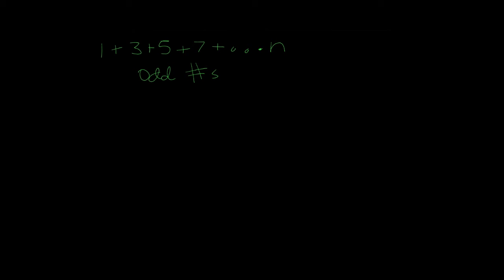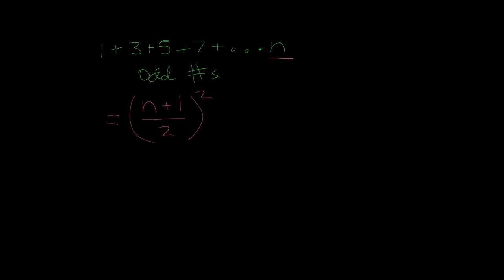And then we can use another trick to find the sum. Specifically, to find the sum of this kind of series, what we need to do is first figure out what the n value is. And once we've identified n, what we need to do is add 1 to n, then divide that by 2, and then square that number, and that'll be the sum.